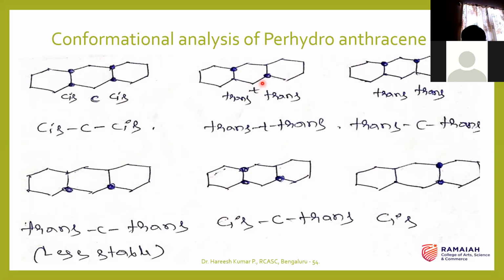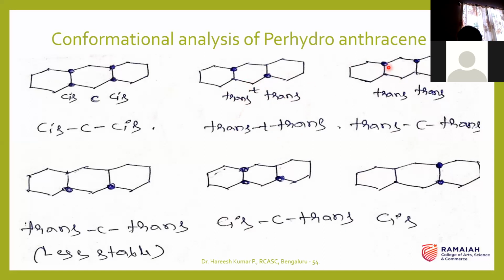What you can observe here is that these are in opposite ways. This is beta, and this one is alpha. That is the reason it's called transoid. So you can write the stereochemistry of this moiety is trans, transoid, trans.